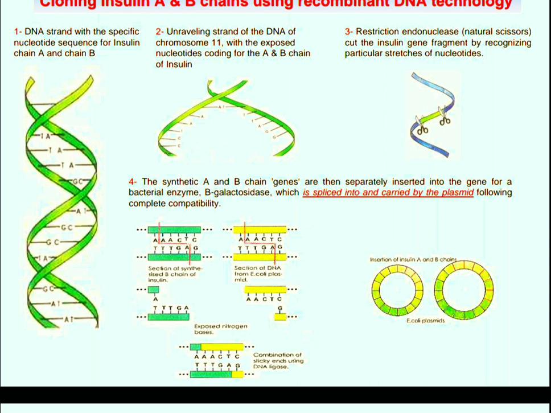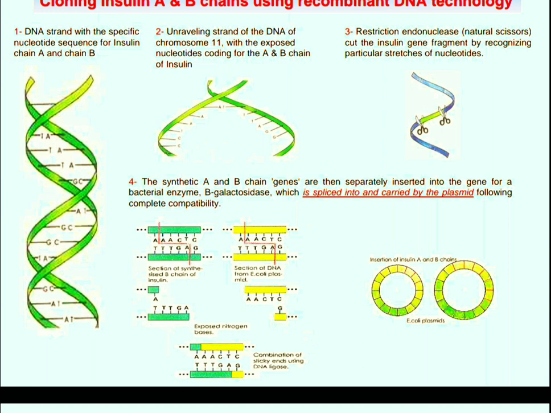Number 1, the DNA strand with the specific nucleotide sequence for insulin chain A and chain B. Number 2, unraveling strands of the DNA of chromosome 11 with the exposed nucleotides coding for the A and B chains of insulin. Number 3, restriction endonucleases, which are actually called natural scissors, cut the insulin gene fragment by recognizing particular stretches of nucleotides, and they are very specific.